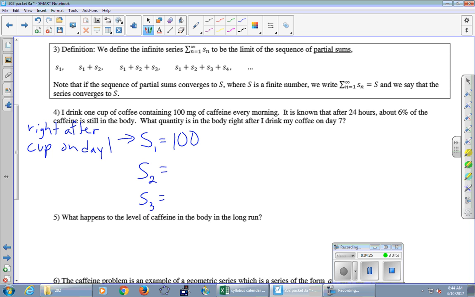Do write this thing down. What you did was take 6% of 100 that we had before, and then you added 100 from the new cup, right? That's 106. But I'm writing it in a very particular way.